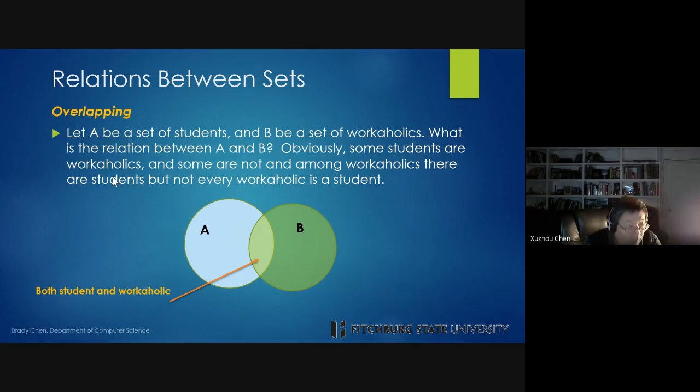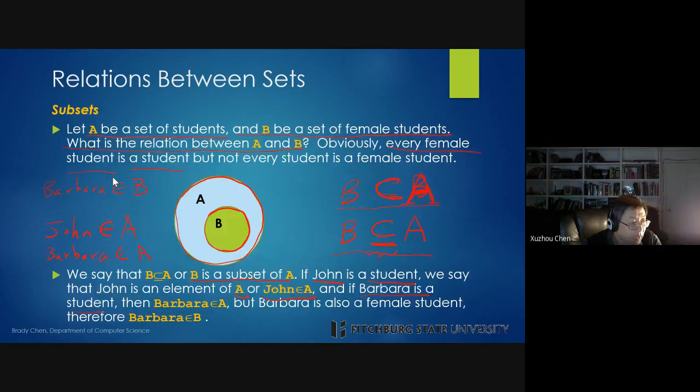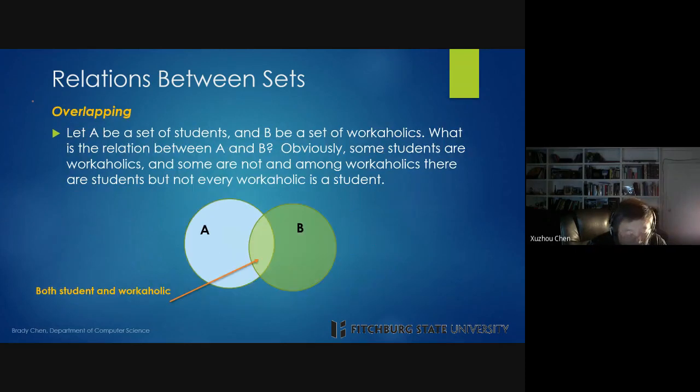Now, the first case we defined was a subset, right? So one is a subset of the other one. Now, there's another kind of situation where you can find two sets where neither set is a subset of the other.